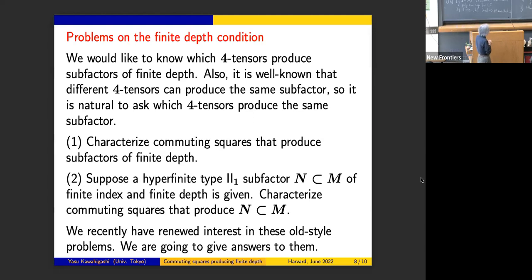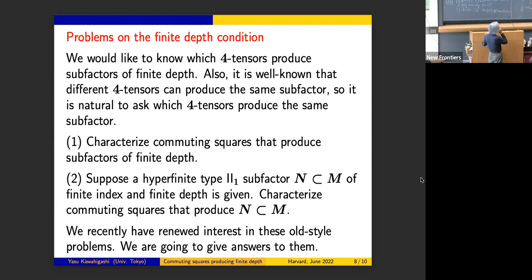That is, suppose we have a hyperfinite type II_1 subfactor N in M. This is given initially. Then we want to characterize all commuting squares which produce this subfactor through this series of horizontal basic constructions of Jones.